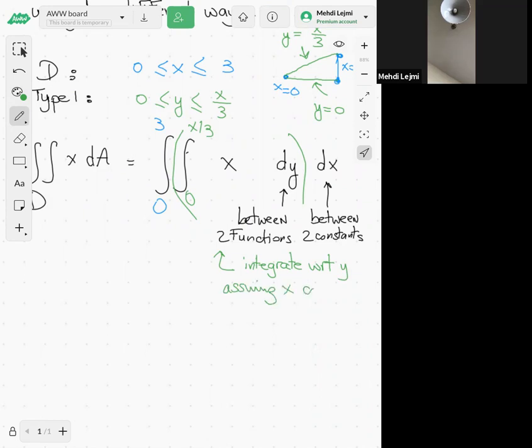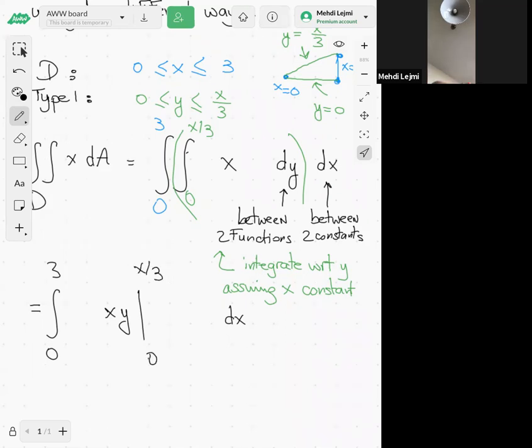So that will be equal to, we keep the 0, 3, the dx, the integral with respect to x. So the integral of x with respect to y, where x is constant. An integral of a constant is the constant times the variable, and the variable here is of course y. So it's x times y, evaluated between 0 and x over 3.